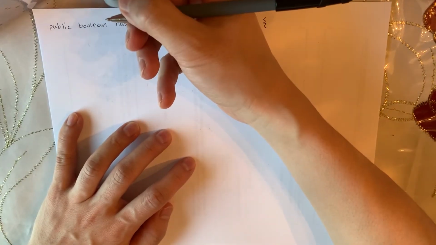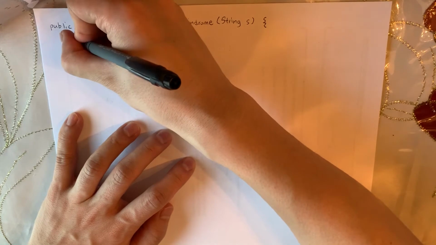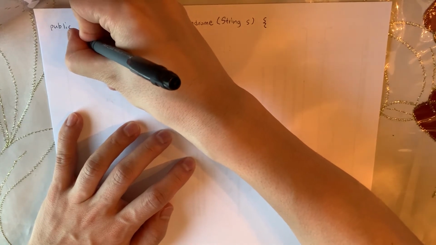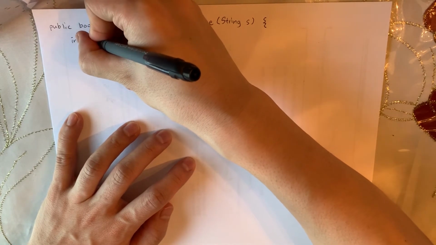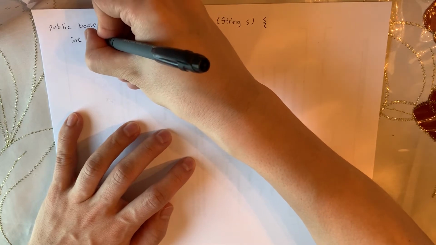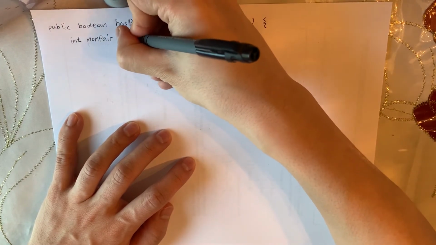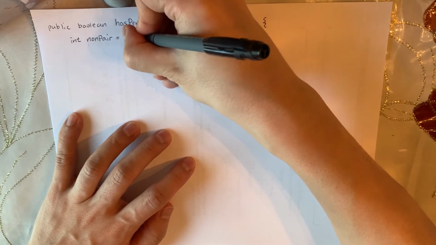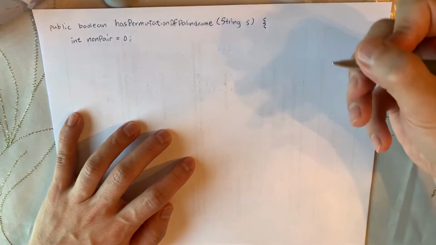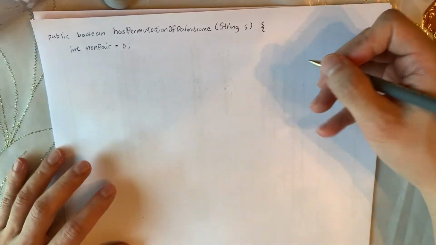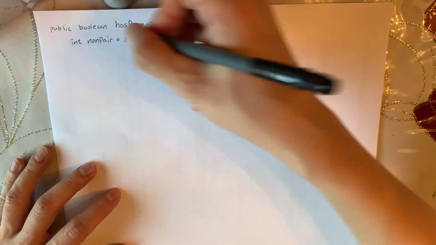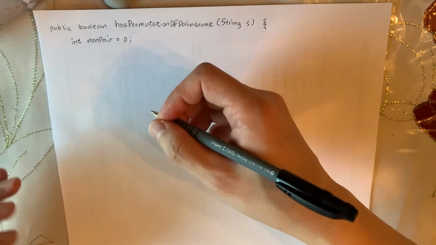The first thing we need is to keep track of the number of non-pairs. As we talked about earlier, this number has to be less than or equal to 1 by the end of the method. So we'll call it nonPair equals 0.